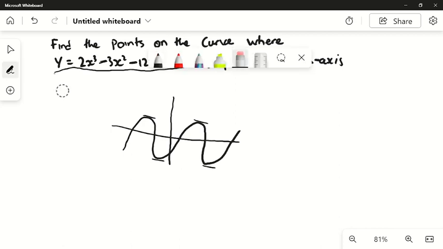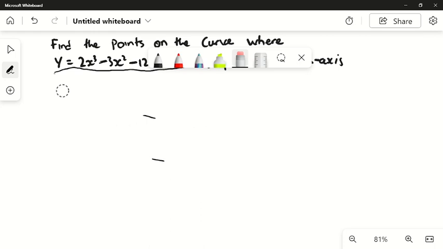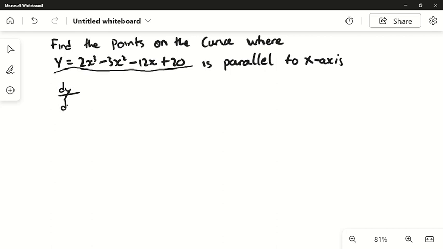So let's quickly clean this up. When we are differentiating this, we say dy over dx is equal to what? The power multiplied by the coefficient: 3 times 2x, then the power returns minus 1.